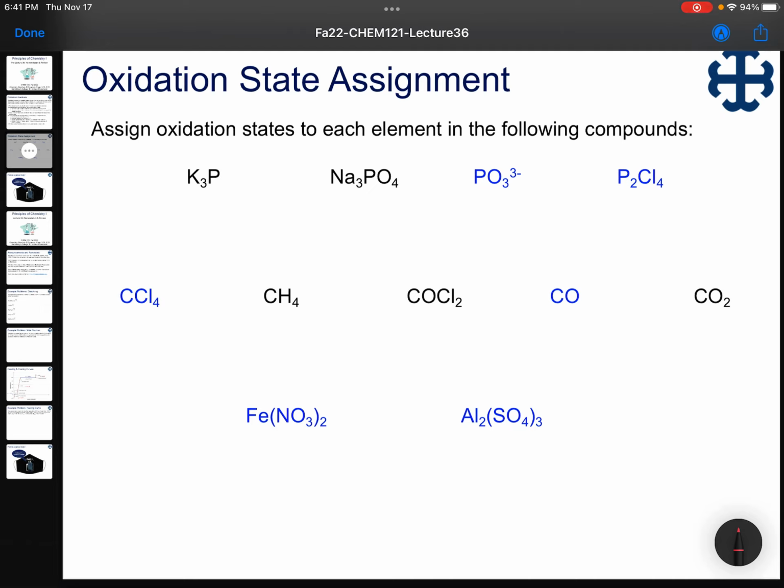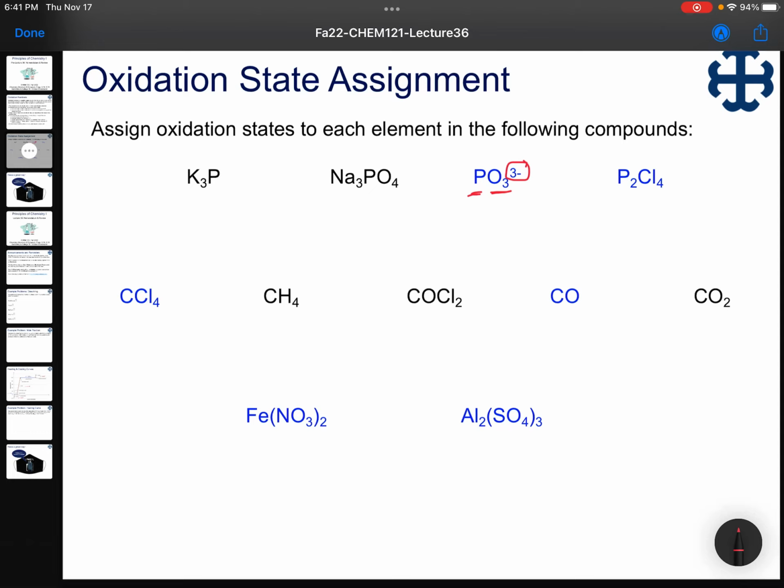First example here, though, we have PO3 3-, and if we look at our oxidation state rules, the first one that we would come across is that the oxidation state of our phosphorus and the oxidation states of our 3 oxygens need to add up to -3.